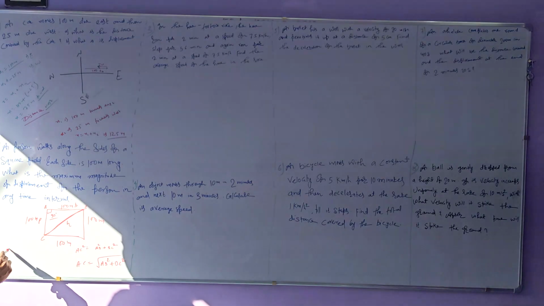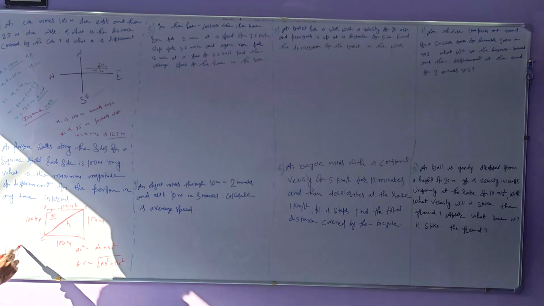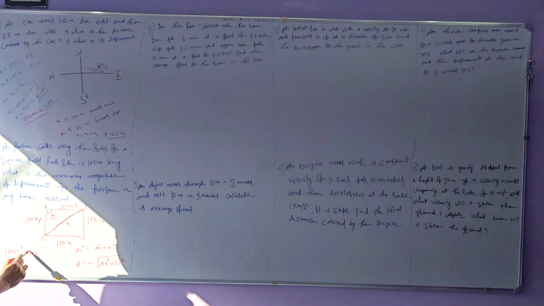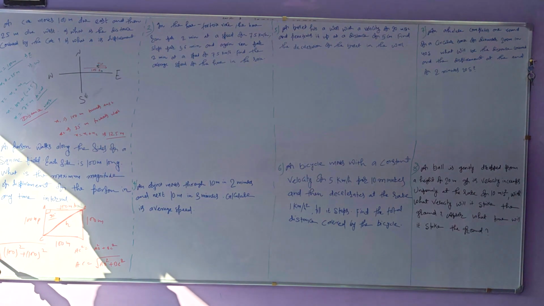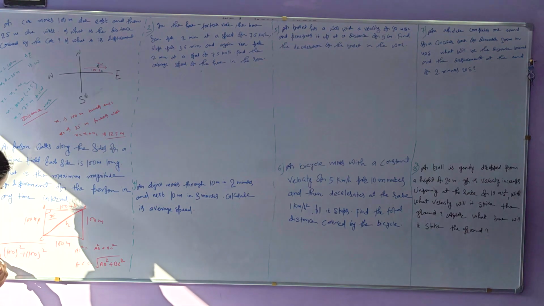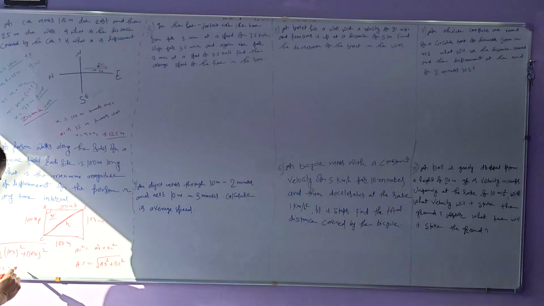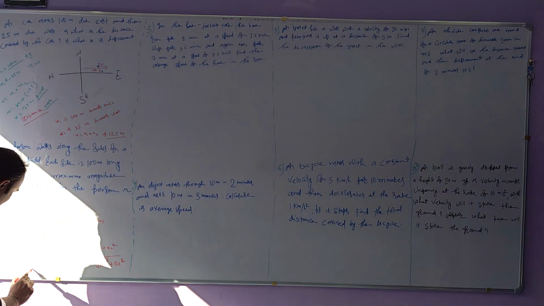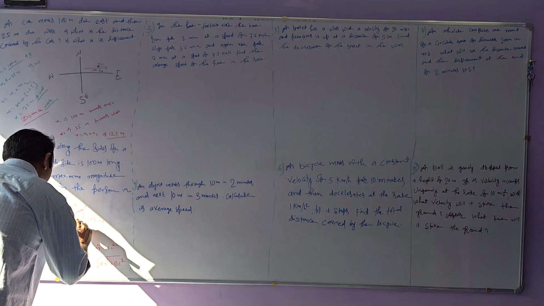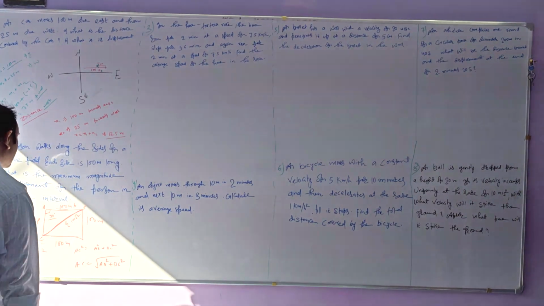That means 100 square plus 100 square, root under, so AC becomes 100 root 2. So this side becomes 100 root 2.